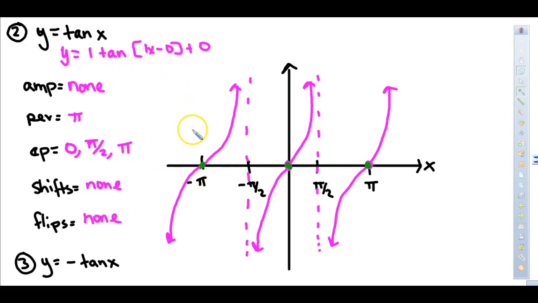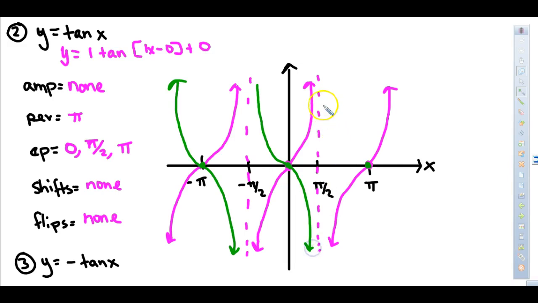So really, if you have a flip, what happens is instead of the function always increasing, it's going to decrease. So it's going to come down like this. This is what it looks like if you have a flip. So instead of it always being an increasing function, it's going to always be a decreasing function.